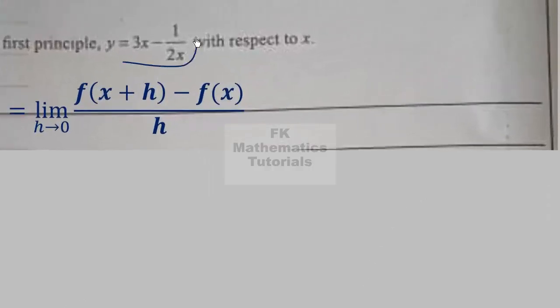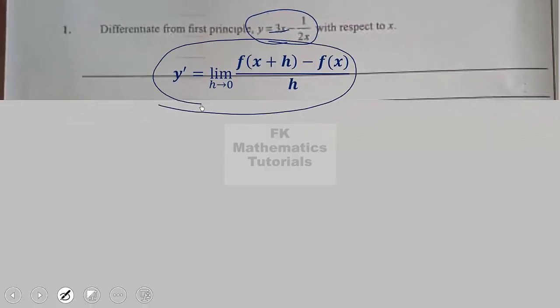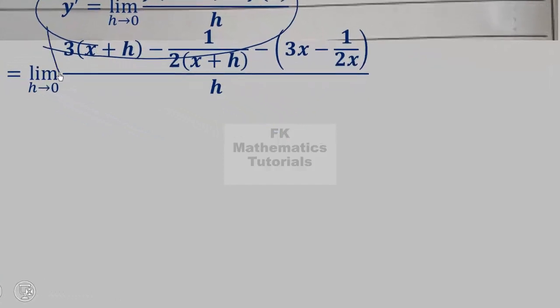So this is our f of x, which is 3x minus 1 over 2x. We plug that into this formula to obtain this. So f of x plus h: wherever we see x in a function, we put x plus h. And that will give us this first result here. Then minus f of x, which is this second result, all over h.